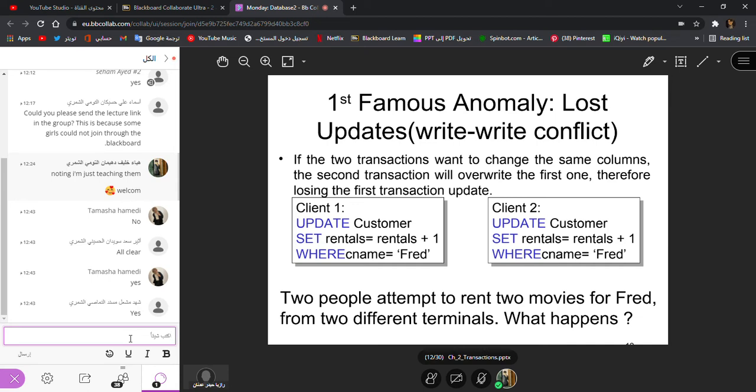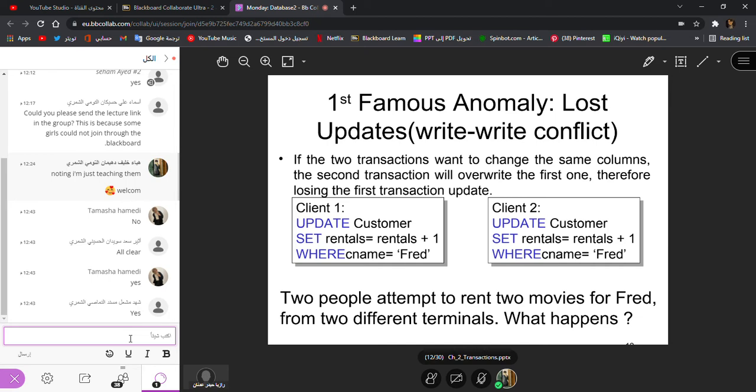Customer is the name of the table on which the user is working. The user wants to update something in the customer table. So UPDATE is the keyword in SQL and customer is the name of the table, or any table on which the user wants to work. Now, where does he want to do the update in this customer table? He wants to work with the rentals column, or data element.